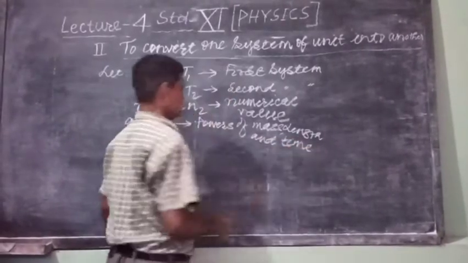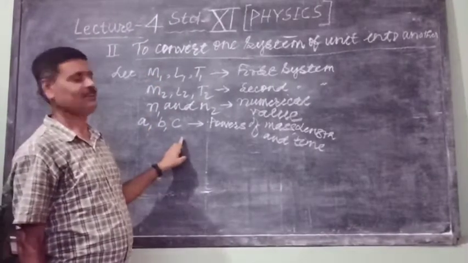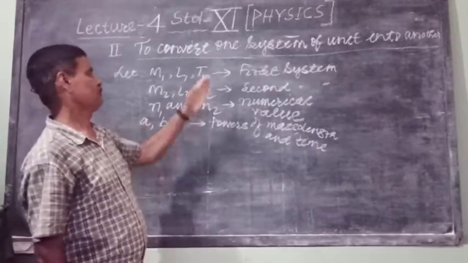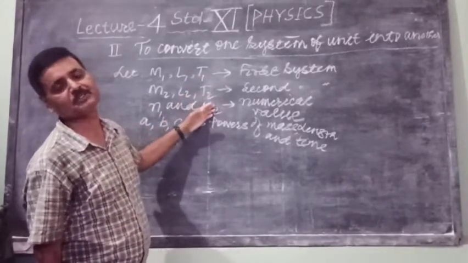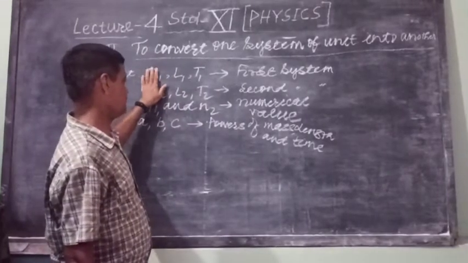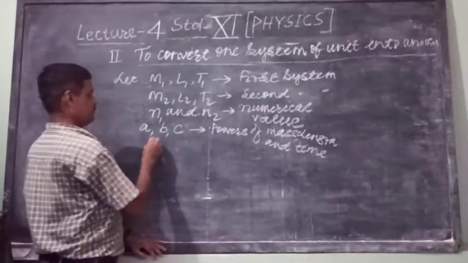It is not divided into two parts. There is no subscript here. a, b, c indicates the power for both the first system of unit and the second system of unit for the mass, length and time.